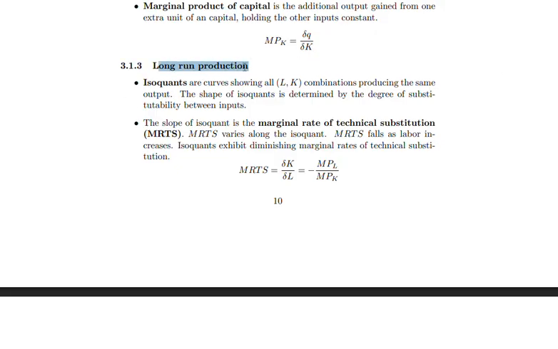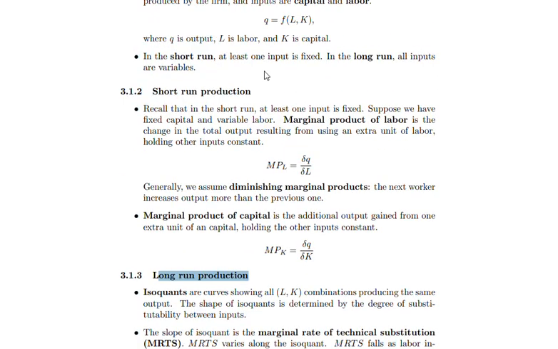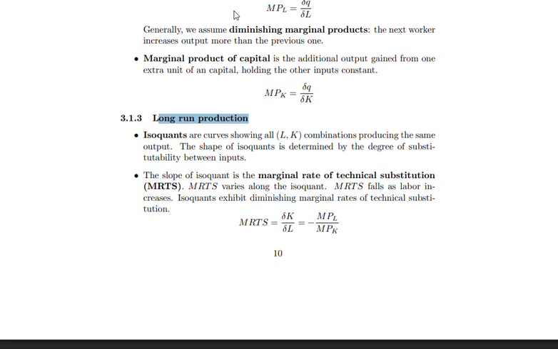Now let's talk about long run production. Remember, in short run production, we just need to calculate the MPL and MPK. But in the long run, we also have something like the indifference curve and the budget constraint curve.